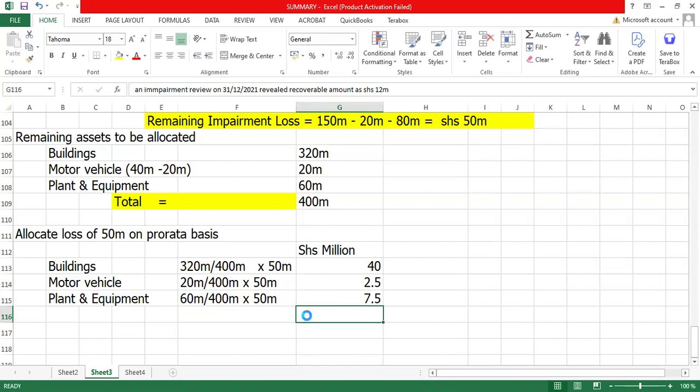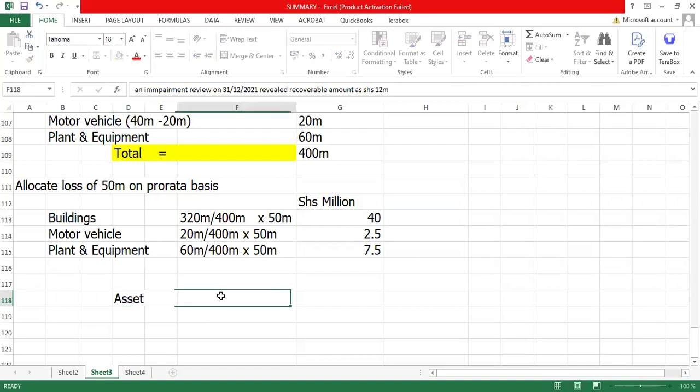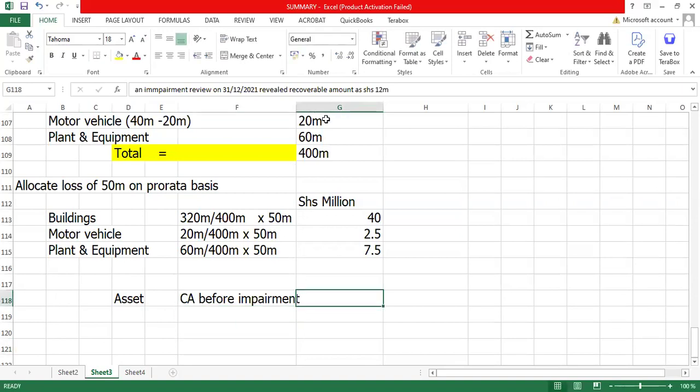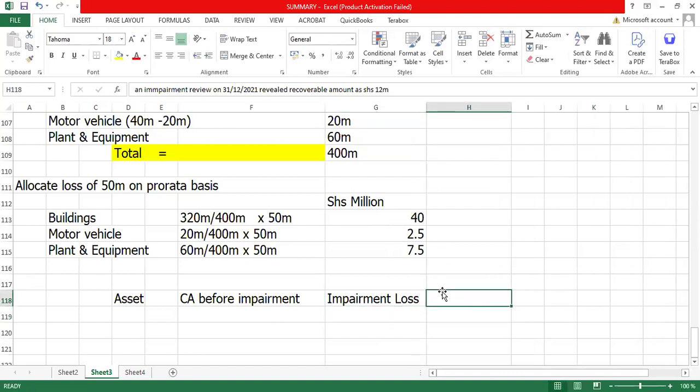Okay. So once you do that, come down and put here the asset, then put here the carrying amount before impairment, then next put impairment loss, just a table, then put the carrying amount after impairment loss.